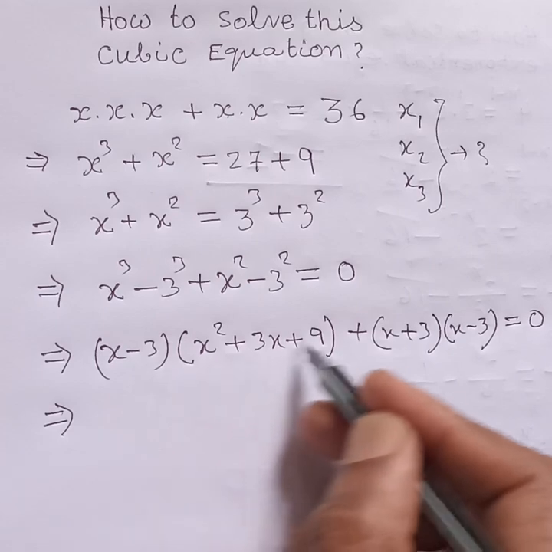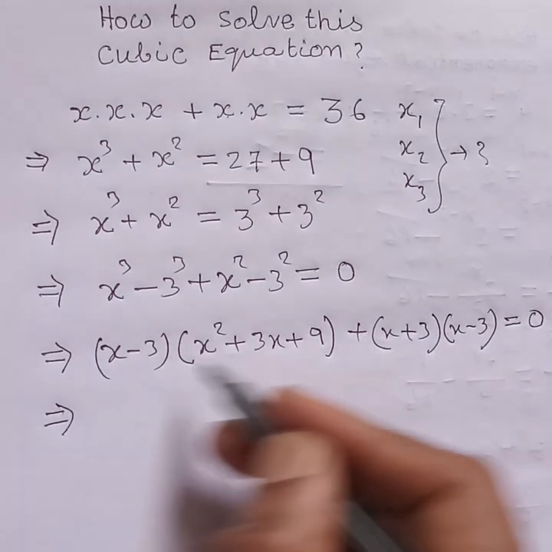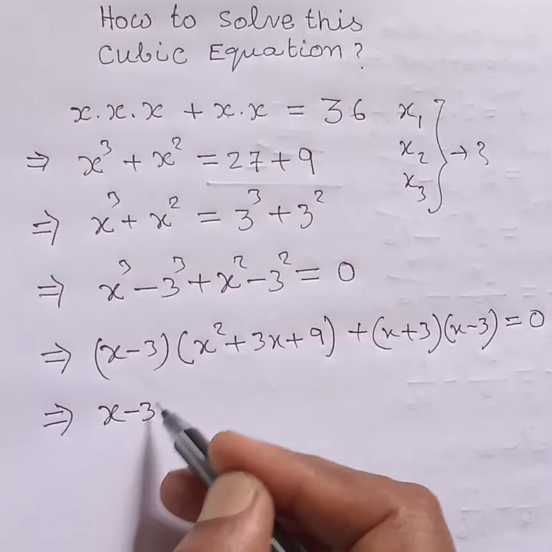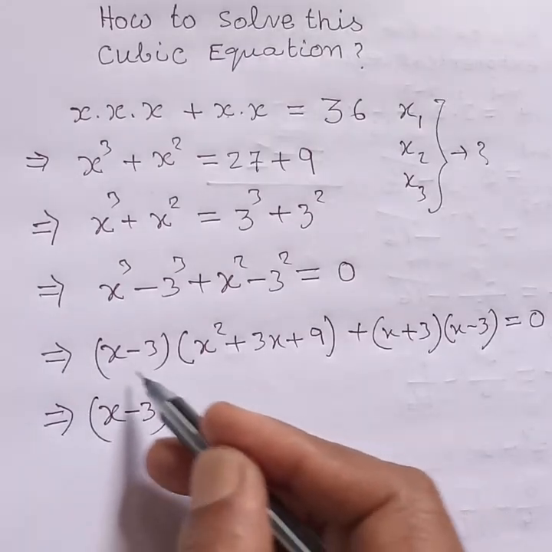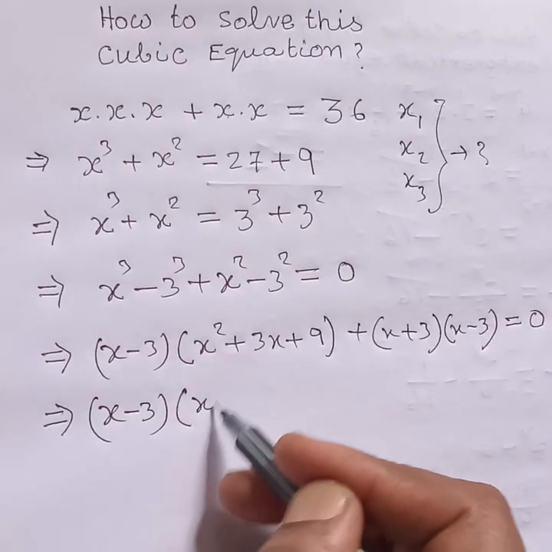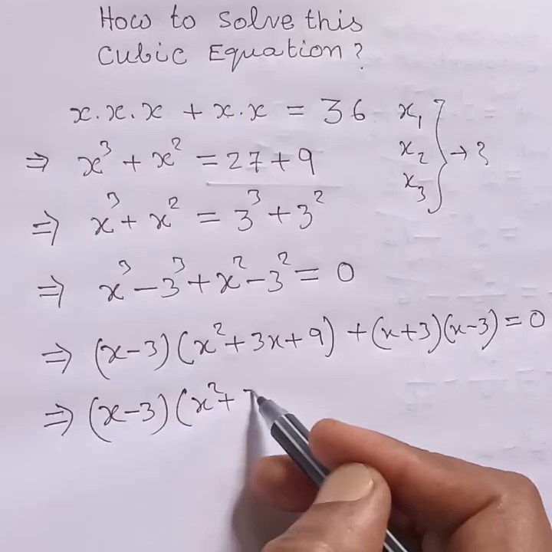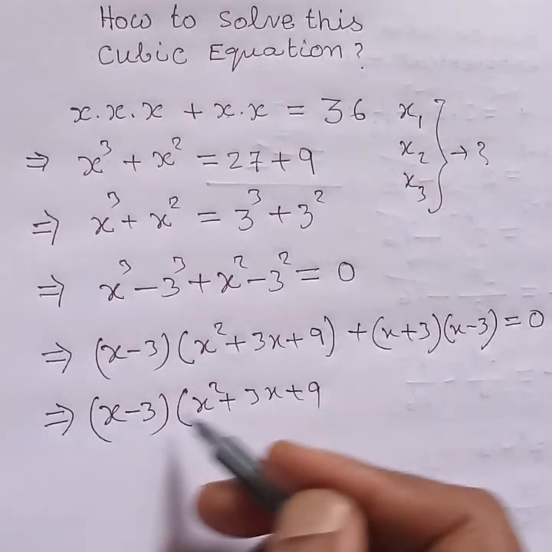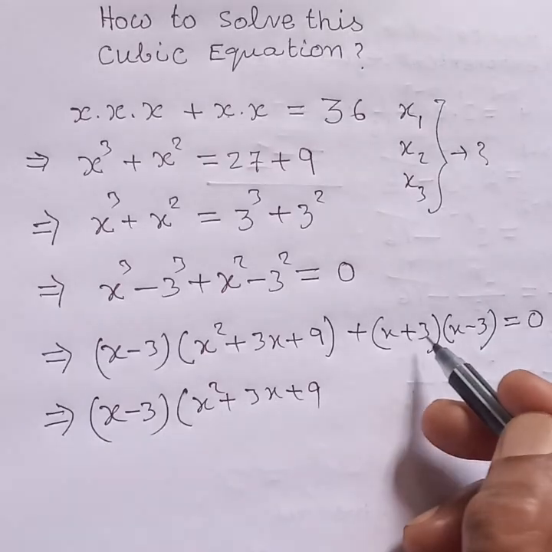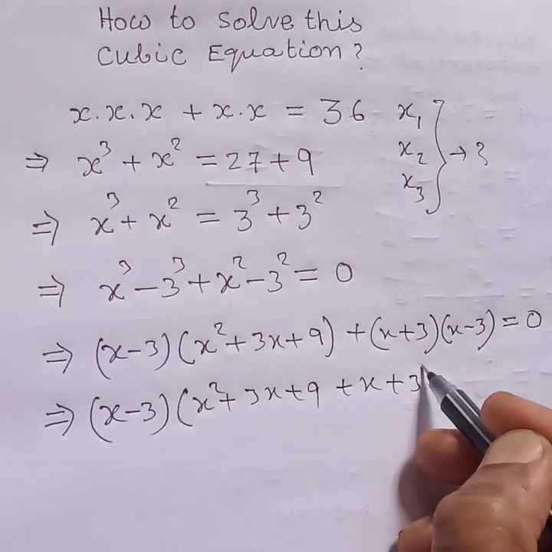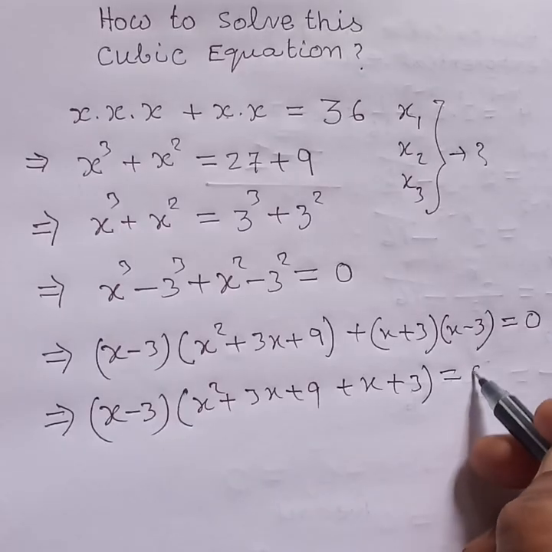From these two terms, x minus 3 is common. So take common x minus 3. Then this divided by this is x square plus 3x plus 9, and this divided by this is x plus 3, plus x plus 3. Right hand side is equal to 0.